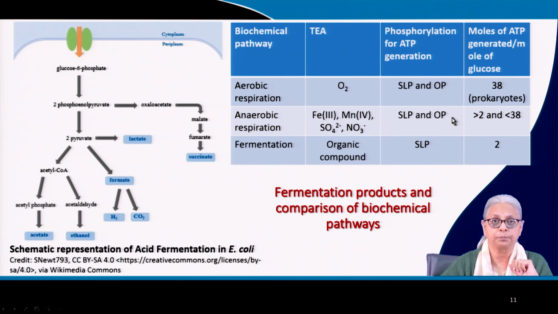SLP and OP, substrate level phosphorylation and oxidative phosphorylation, will both happen. 38 is our maximum, 2 is our minimum. So depending on the nature of the terminal electron acceptor, we will get a number between 2 and 38 for anaerobic respiration.